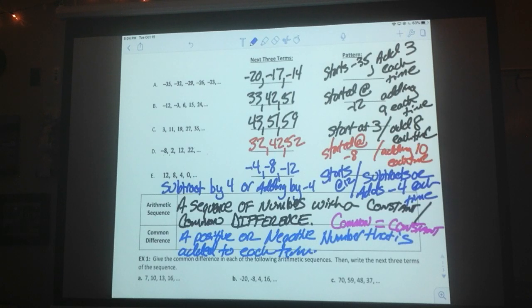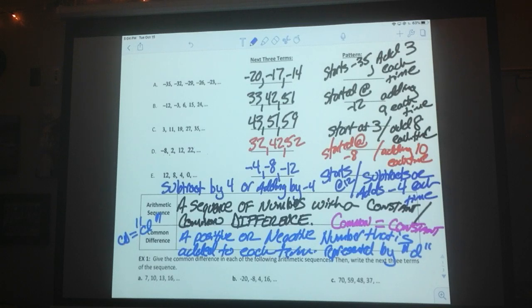It is going to be represented by the variable d. So common difference is equal to d.